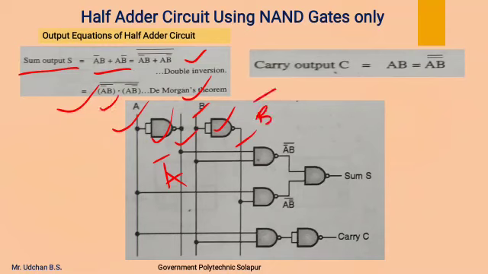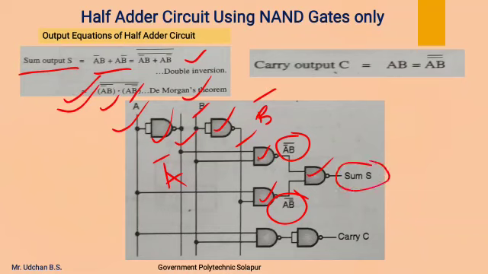Now the first term, A bar B, can be drawn using one NAND gate, which will give you A bar B complement. Using another NAND gate, we can get the second term, that is A B bar complement. Now using another NAND gate, we can get the end equation as the sum.